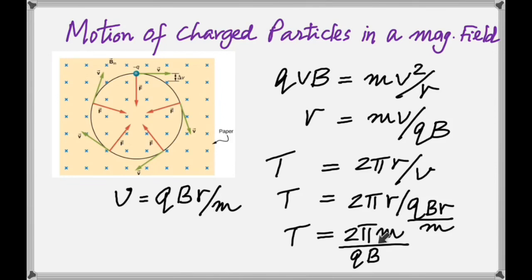What's really important here is to notice that the period does not depend on the velocity. Did you all hear me? The period does not depend on the velocity. That could be a conceptual question. Because the final equation does not have velocity in it, neither does it have radius in it, because they cancel out.